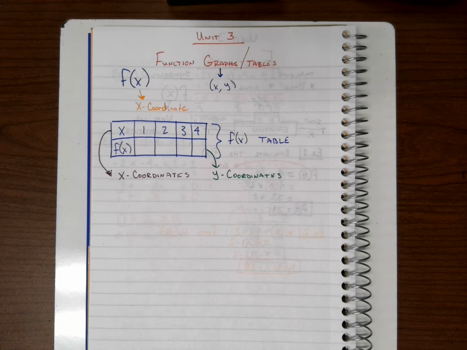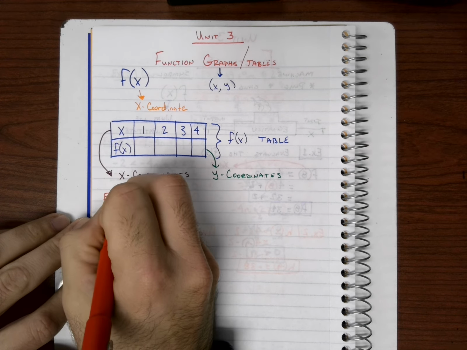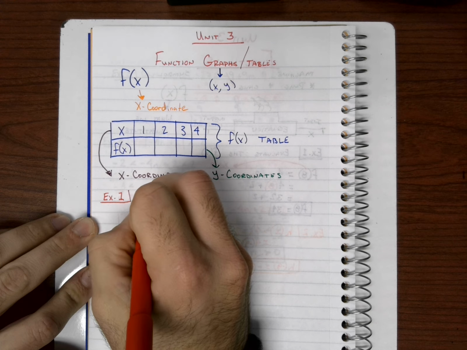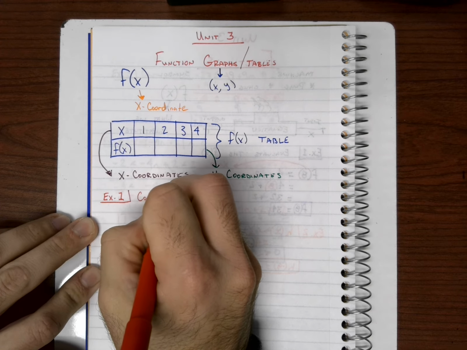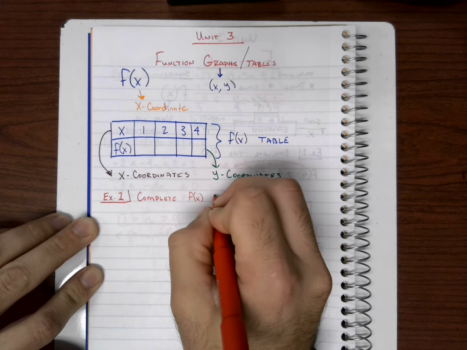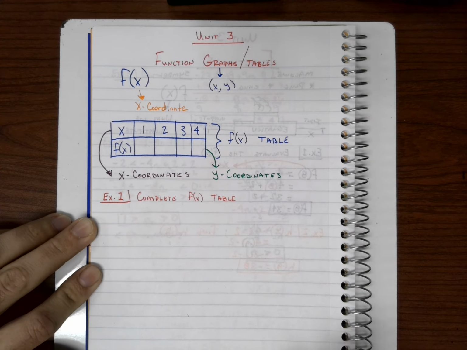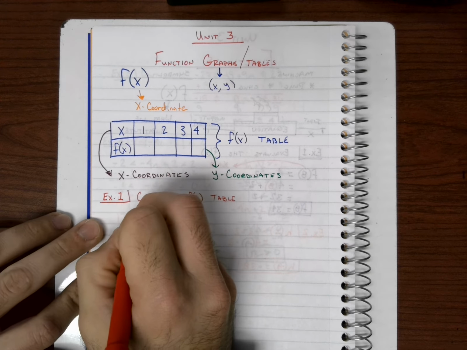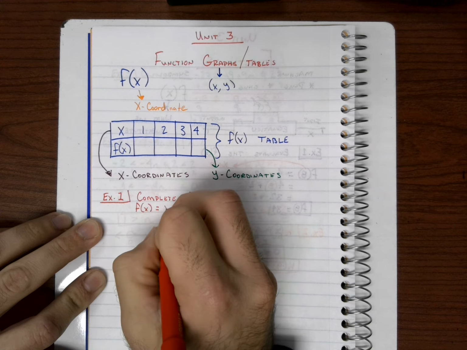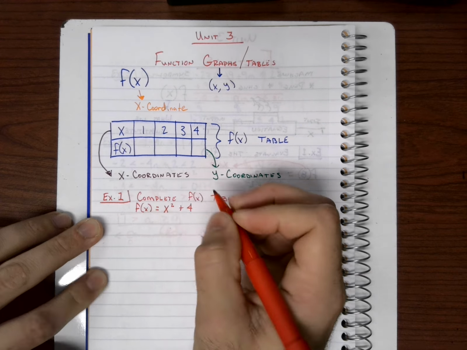So let's do an example. And all we're going to do here is we're just going to complete the table. Complete function table. So let's say f of x equals x squared plus 4.